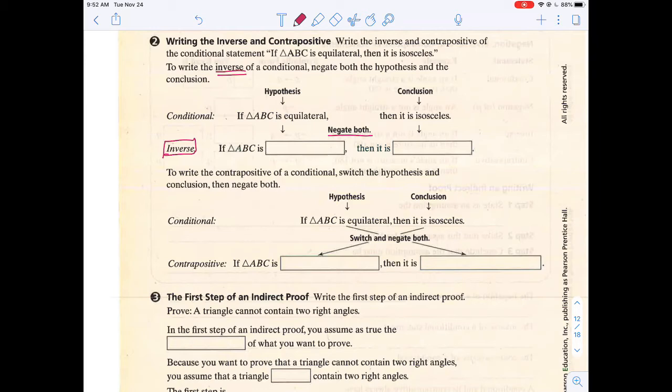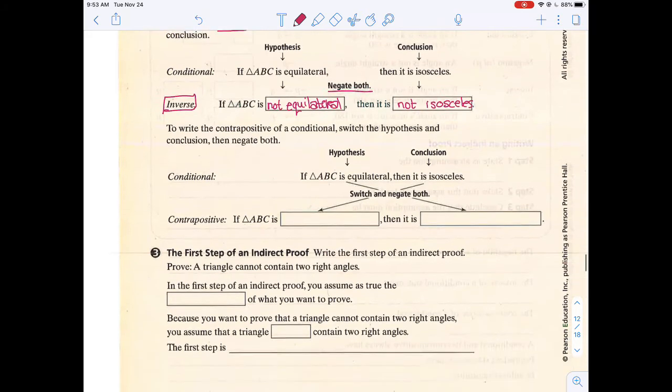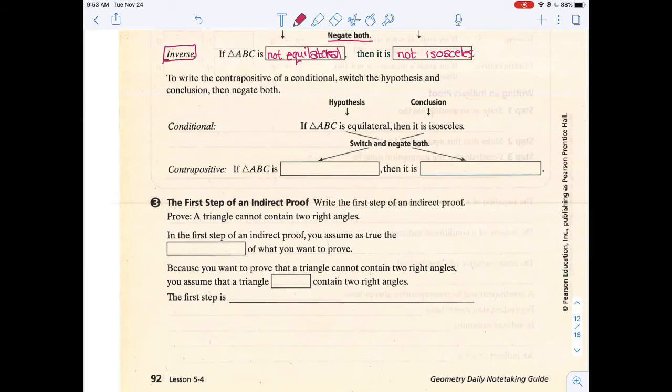So if ABC is not equilateral, then it is not isosceles. Okay, that's the inverse.